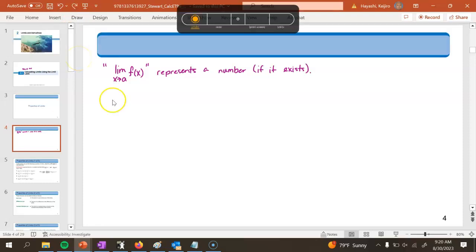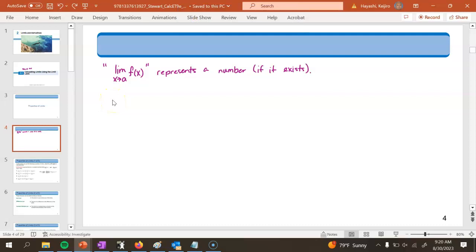So in no particular order, here are some of the properties that limits are subject to or that they follow. So let's see.